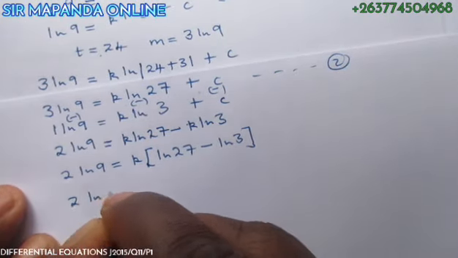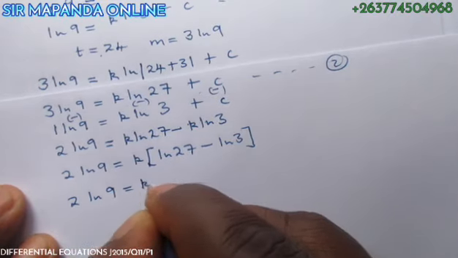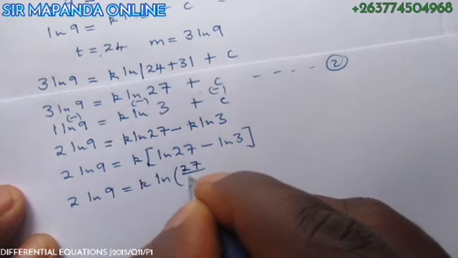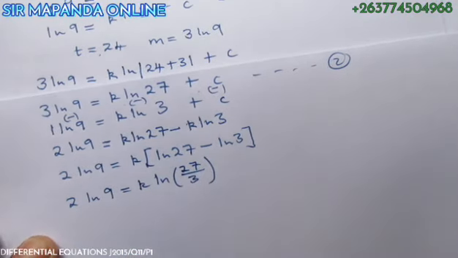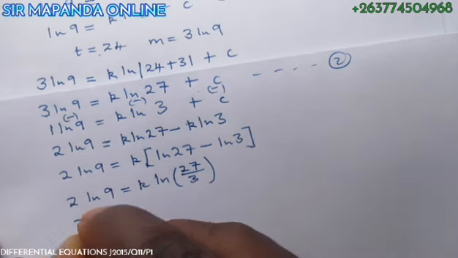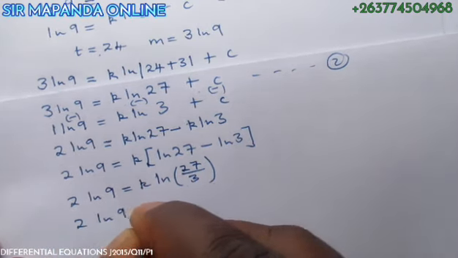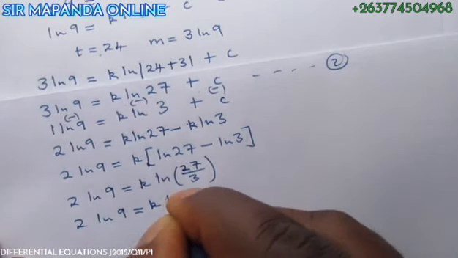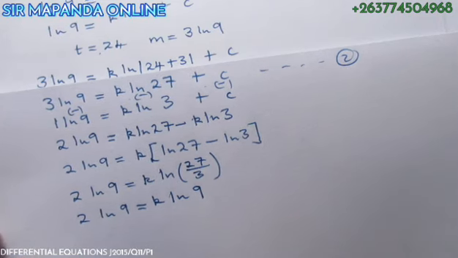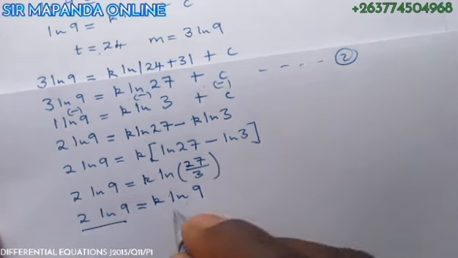So 2 ln 9 is equal to k ln of 27 divided by 3, where 3 into 27 is 9. So now you have 2 ln 9 is equal to k ln 9. To make k the subject, you divide both sides by ln 9.